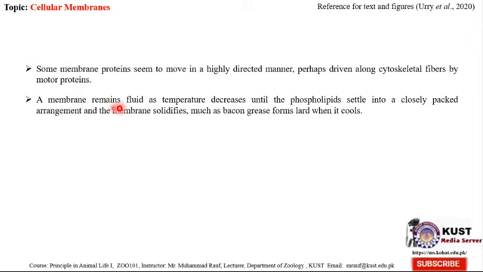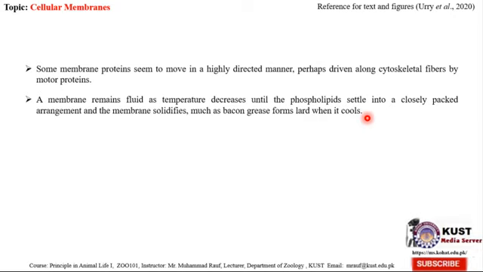A membrane remains fluid as temperature decreases until the phospholipids settle into a closely packed arrangement and the membrane solidifies, much as bacon grease forms lard when it cools.